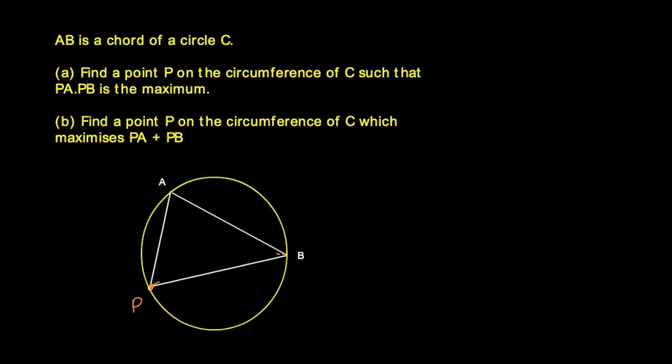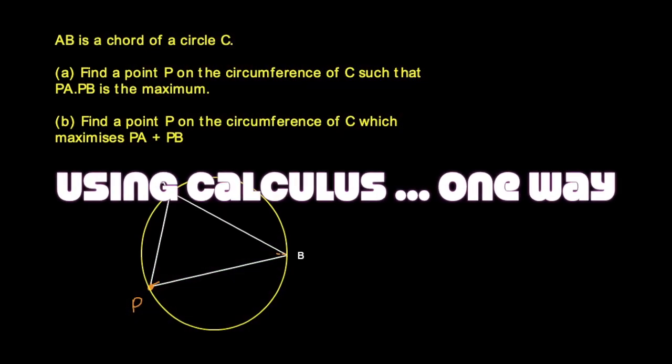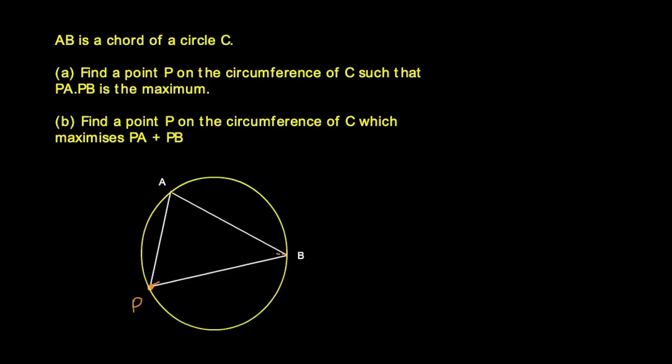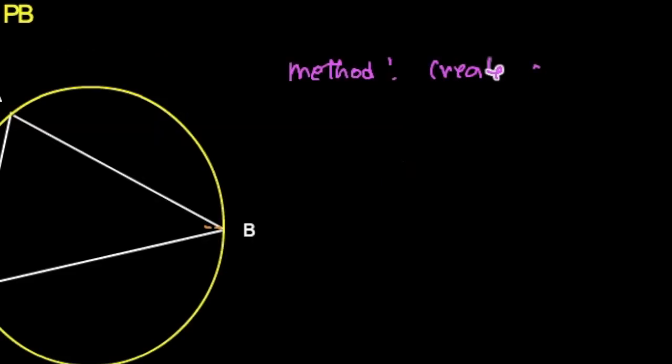This type of problem can be handled using differentiation or some tools from calculus. Here is a method that you may use: create a function that represents PA times PB and then differentiate it to find the relative maximum or relative minimum of it.